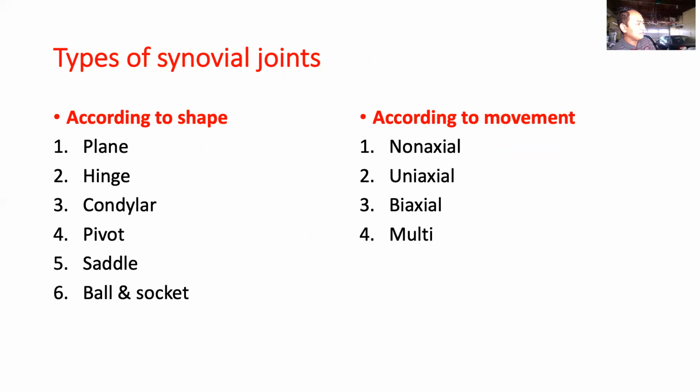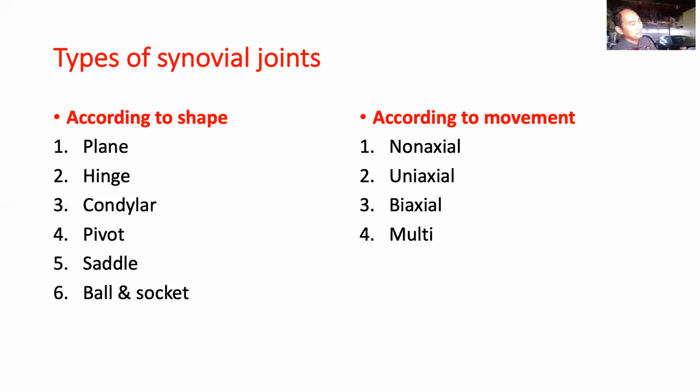So let's classify synovial joints. Usually we classify according to their shape, but the easier way to remember is according to their movement. So non-axial, uniaxial, one direction, biaxial, two directions, multi-axial, multiple directions.